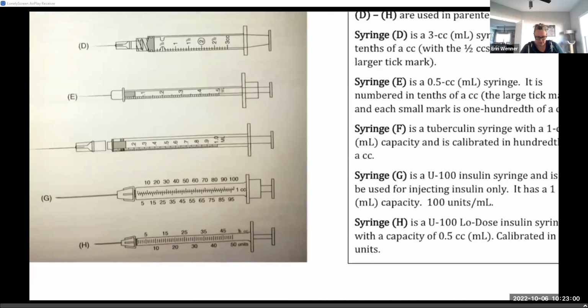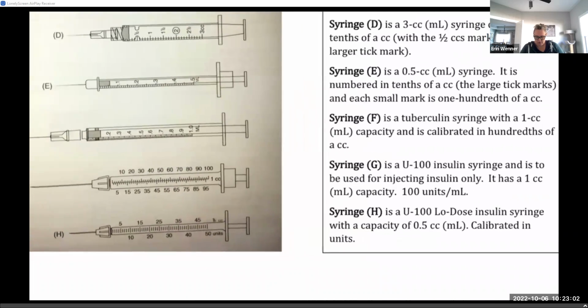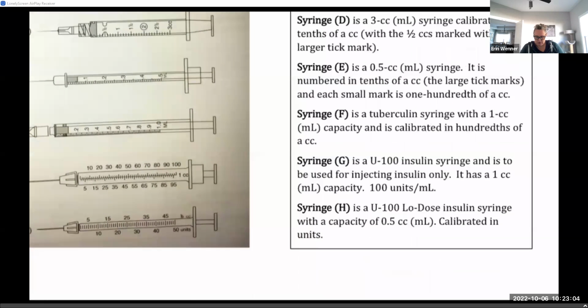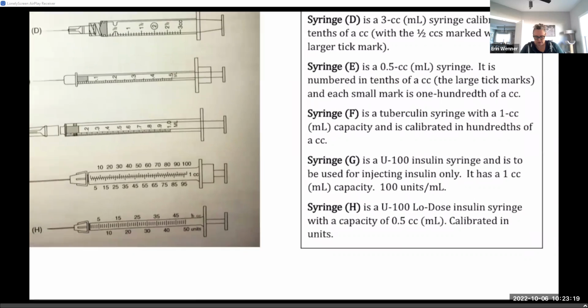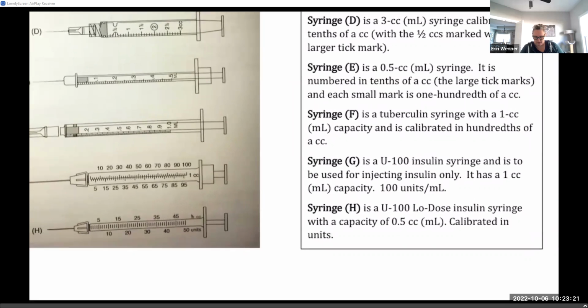And then syringes G and H are for insulin only. So you've got a U100 insulin syringe, and that is to be used for injecting insulin only. It has a 1 cc capacity, and there's 100 units per milliliter. And then you've got syringe H, which is considered a low dose insulin syringe with a capacity of half cc.